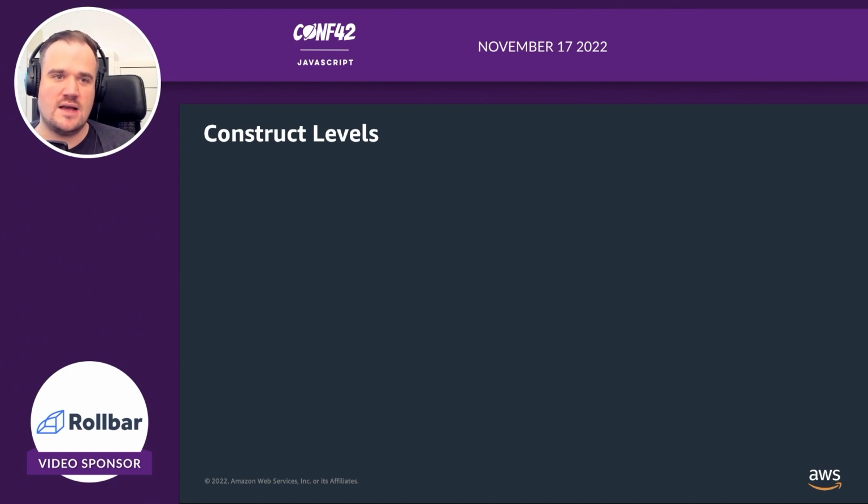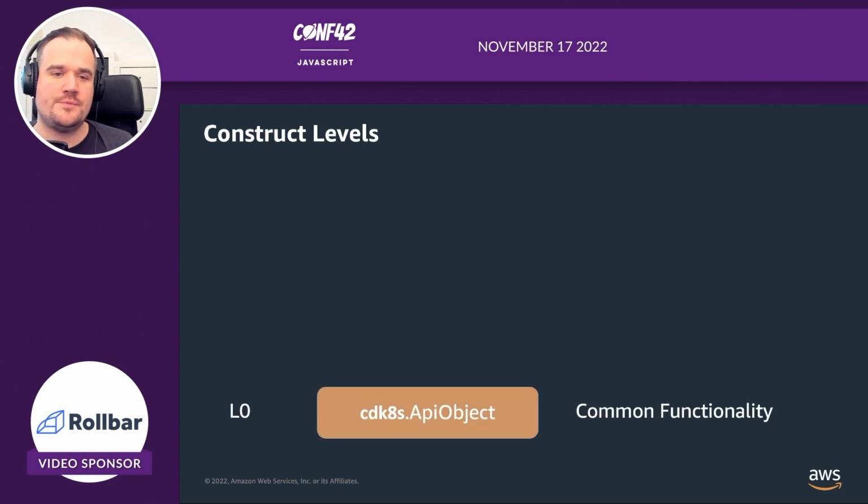Constructs are what we are calling those classes you have seen that you instantiate and that represent the real deployment objects or the real API objects. And we think about levels when talking about constructs. The level defines the sophistication of those constructs, so basically how much they do for you or how smart they are.